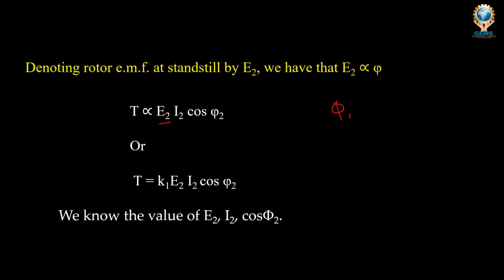If you remove the proportionality by a constant K1, we will get T equal to K1 E2 I2 cos phi 2. As I told you already, these values E2, I2, cos phi 2, we have seen in the previous lecture videos.